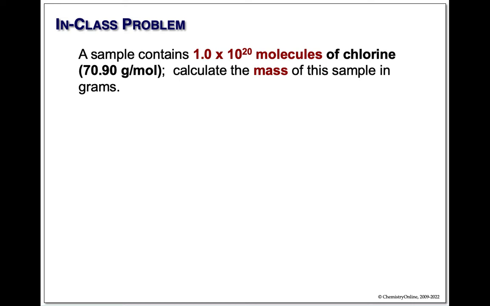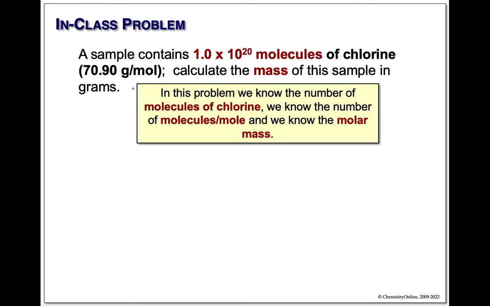Well, that would be simple to do if we knew how many moles we had, right? But we do, because we know how many molecules we have, and we know how many molecules there are in a mole.